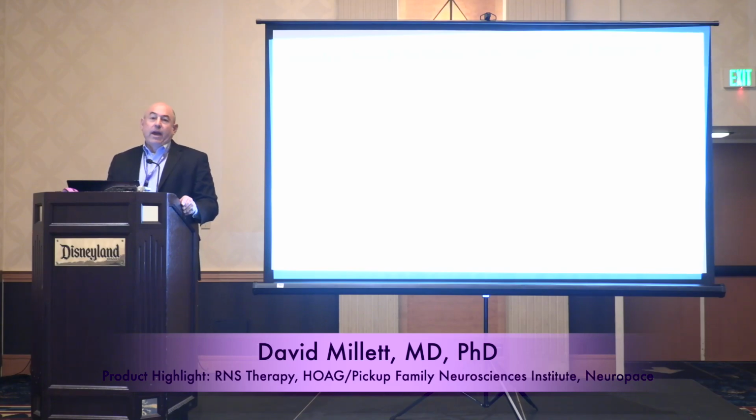Focal seizures, on the other hand, have symptoms that relate to where the seizure begins in the brain. And it's really the focal seizures that were the initial target of RNS therapy when it was in development, and is still primarily the type of seizure and epilepsy that RNS is used for today.